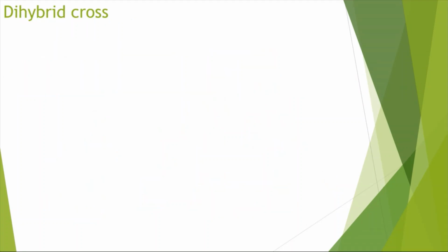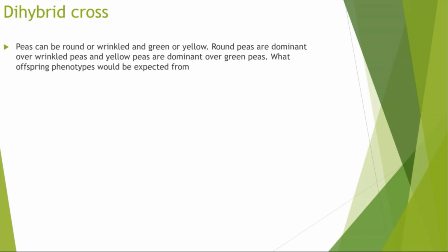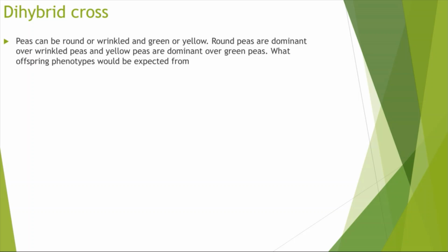Alright, so now I am looking at dihybrid crosses. In this, we will be inheriting 2 characteristics instead of 1. So looking at an example, peas can be round or wrinkled, and green or yellow. So in this case, our 2 characteristics are being either round or wrinkled, and the second one being the color, so either green or yellow. So I can be thinking about which letter I would be using for the alleles.